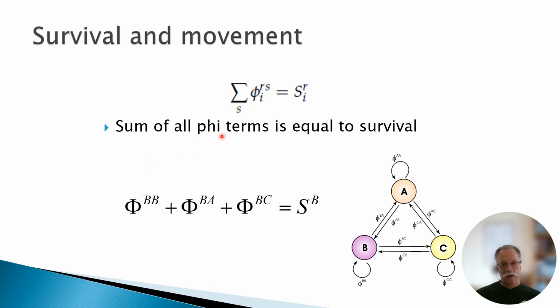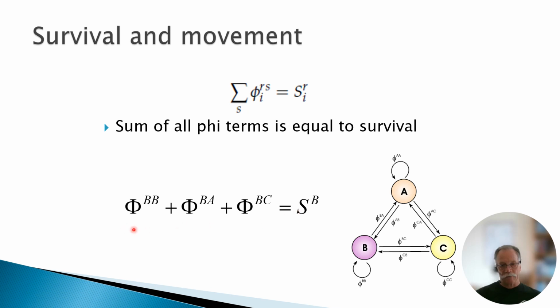So now we can see that the sum of those phi terms is basically equal to the annual survival, if we're using years, of this animal. And so the sum of all of those phi terms is equal to survival.